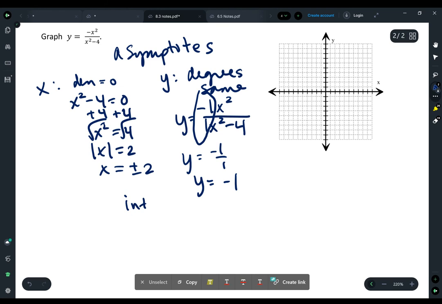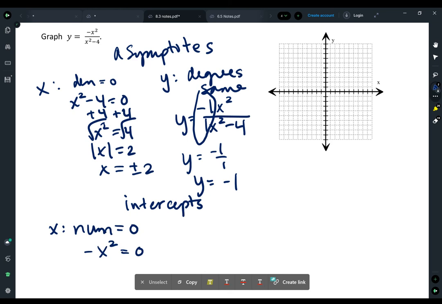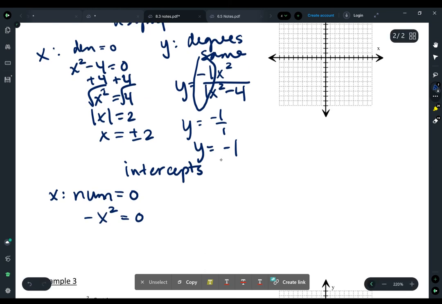To do our intercepts, our x-intercept is always numerator equal to 0. So that is a negative x squared equal to 0. Since it's just a monomial with x, I know that the only answer there is really x equals 0. I can just jump directly to that, which is the point 0, 0.